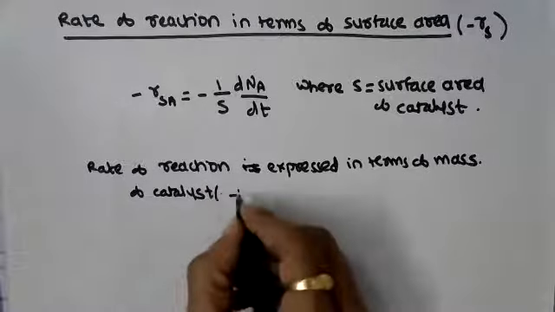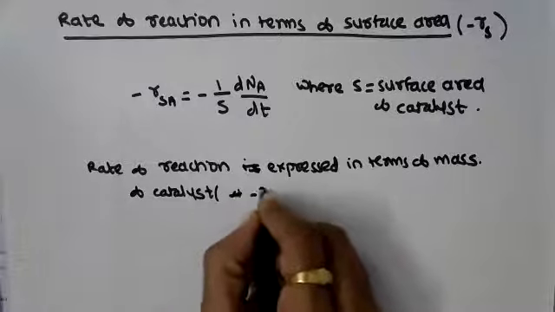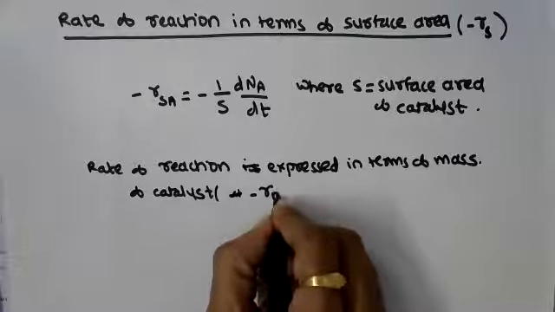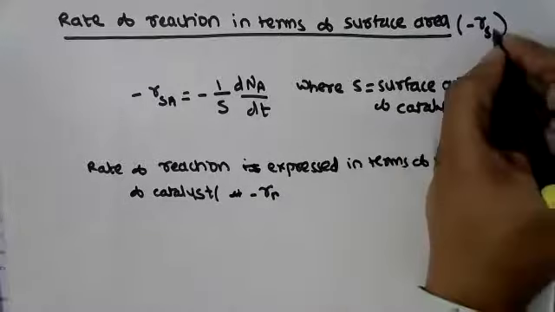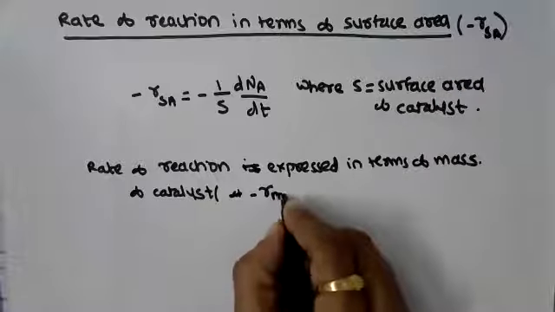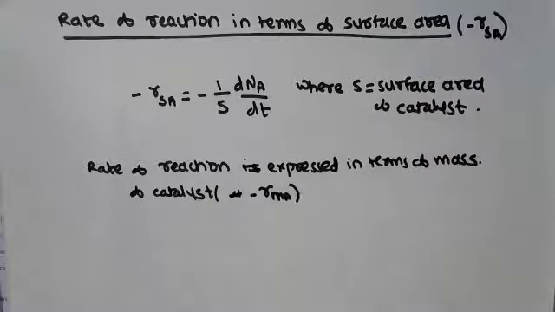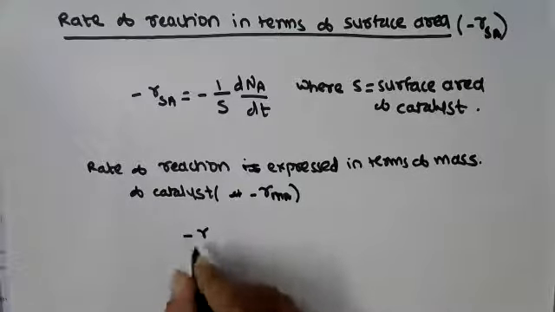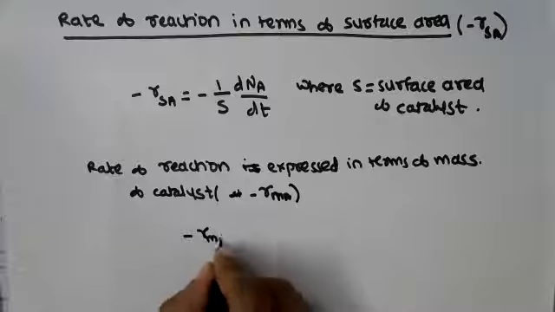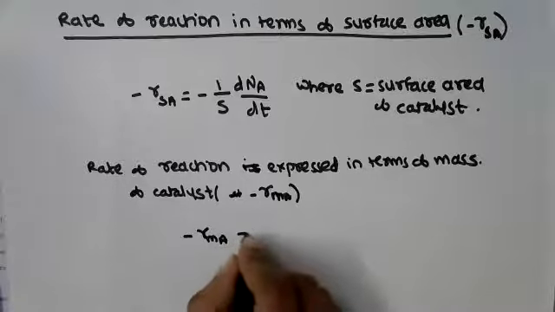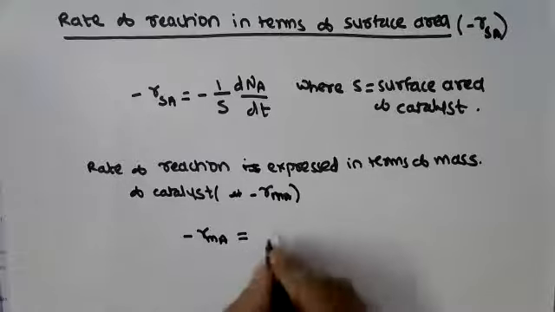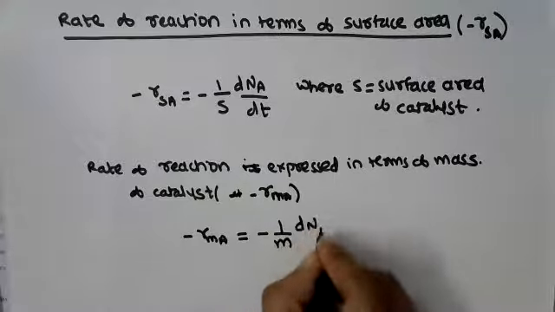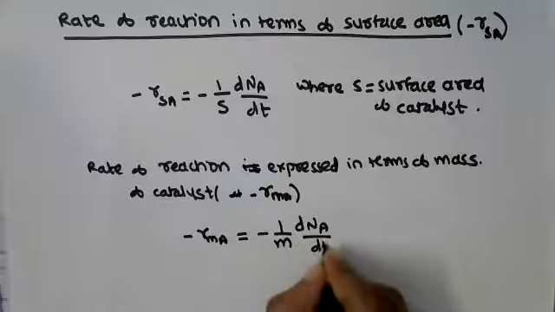I am denoting that as minus RMA. So that can be written as minus RMA is equal to minus 1 upon M dNA by dt.